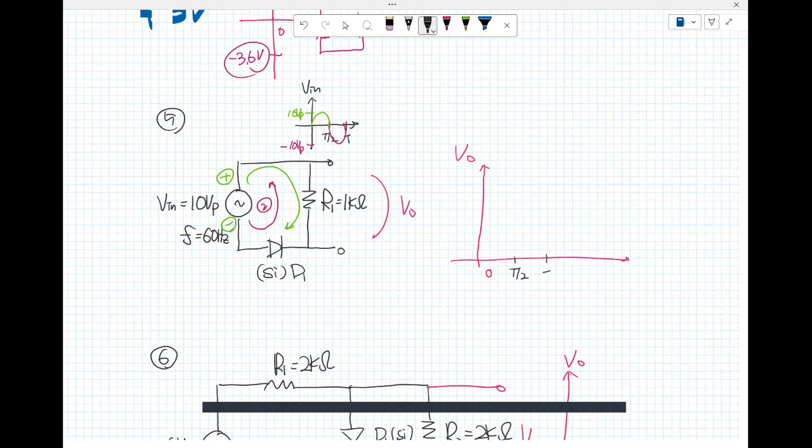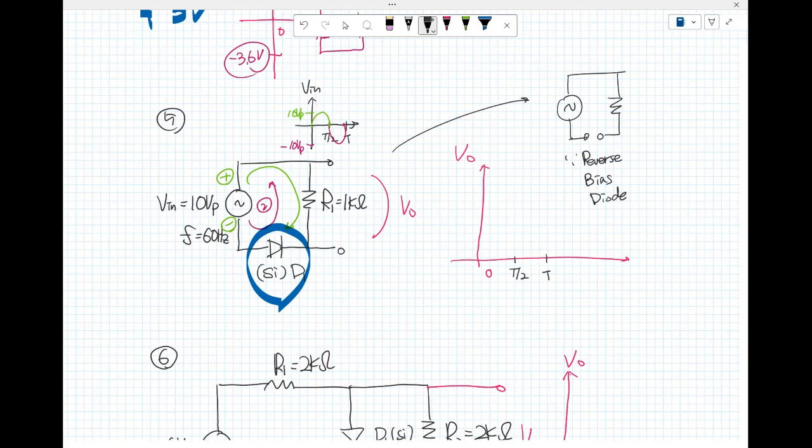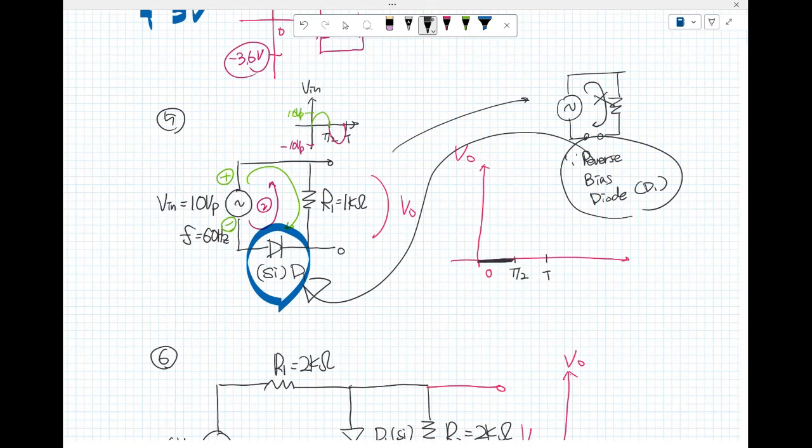So what is it? 0. Why? Because see that just right there, the reverse bias, the open circuit. What does that mean, Professor? That was like this one, the open circuit, because reverse bias diode. Okay, the open circuit means no current, no current. So it's what? 0, 0.